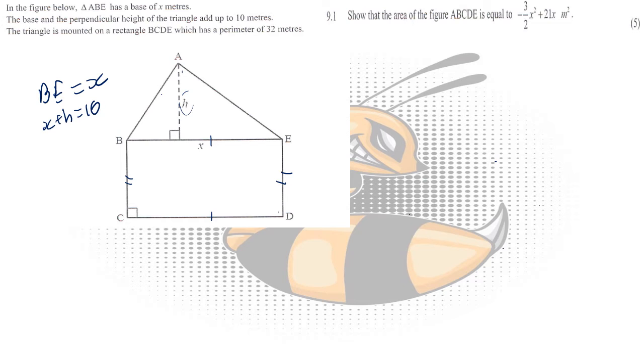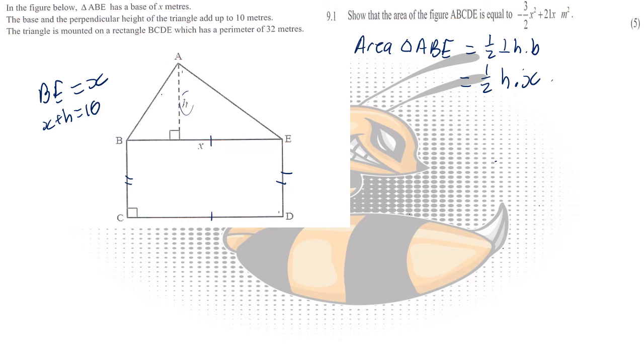We know that the area of a triangle, specifically ABE, will be equal to a half times your perpendicular height times your base, which in this case is h for the perpendicular height and x for the base. So we can say a half of h times x.